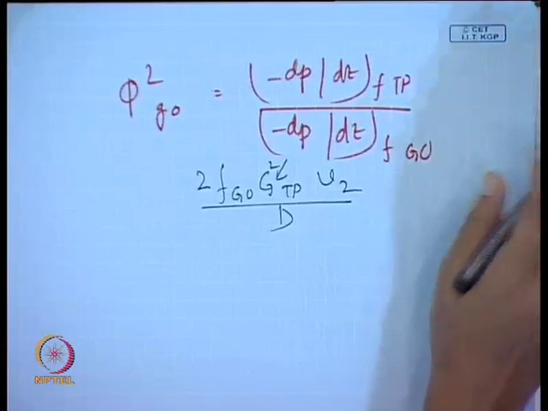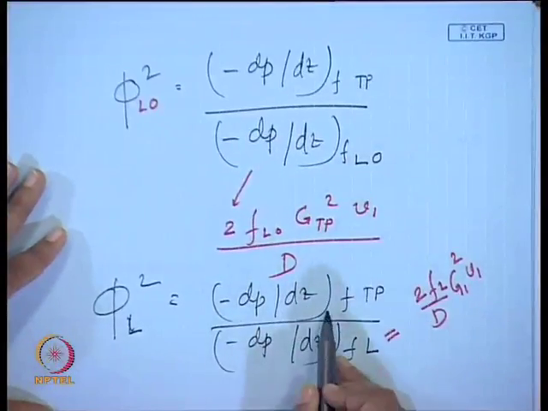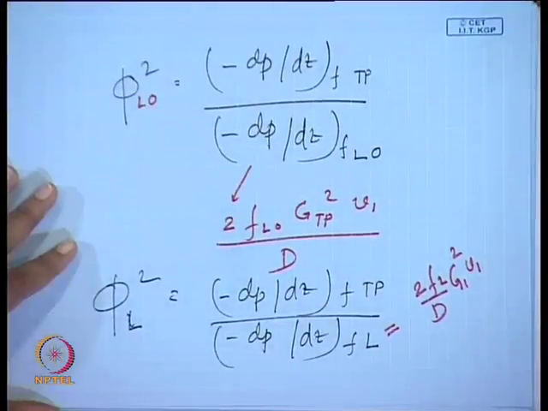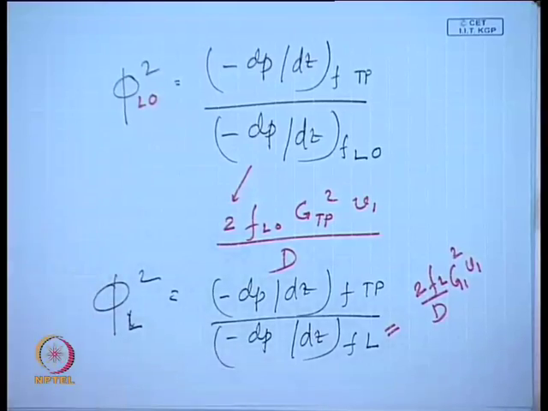Or in other words, the entire mixture is flowing as either the vapor or the liquid. But other than that, there is another way of defining where we do not assume that the entire mixture is flowing as liquid. We assume whatever liquid was there in the mixture is now flowing alone in the pipe. Is it clear to you?